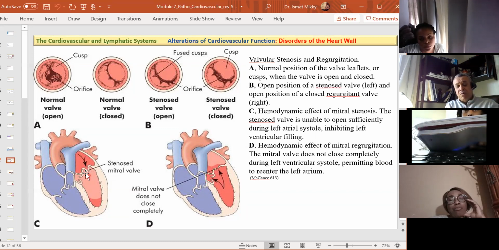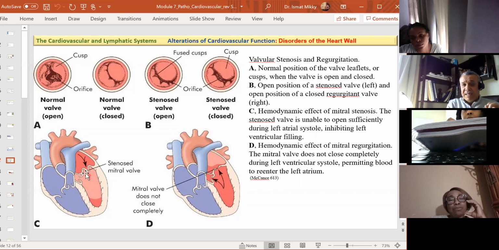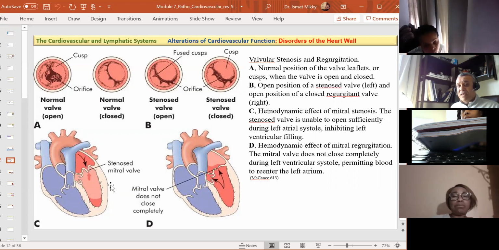We're going to visit this and cover it extensively in Adult Health 3. So valve stenosis or regurgitation affects the hemodynamics of the myocardium, of the heart and the cardiac cycle. Now, if the mitral valve is stenosed, during the filling phase, the ventricular diastole, the mitral valve is supposed to be wide open.